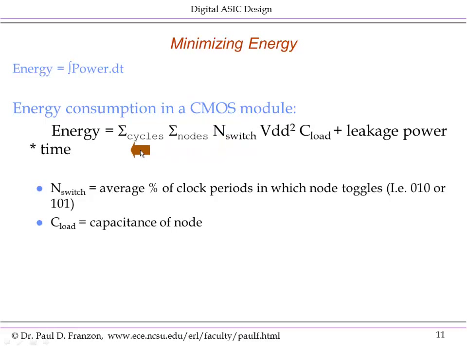That is, we're now adding over all the clock cycles that we're calculating the energy for. N switch, F disappears because we're now adding over all the clock cycles, V squared over 2 C load, plus leakage power times the time that we're doing the simulation. And again, the terms here come from the previous page, except now we're adding over all the cycles for which we're calculating the energy.